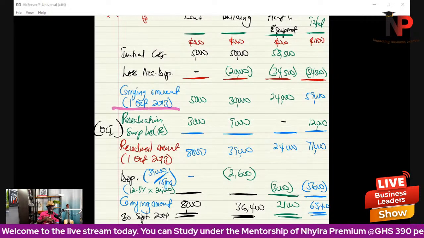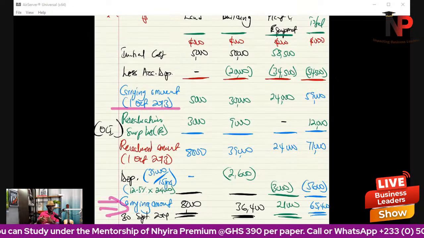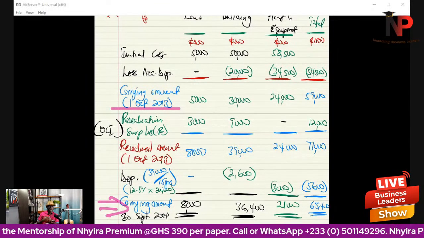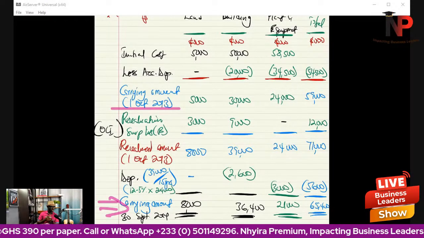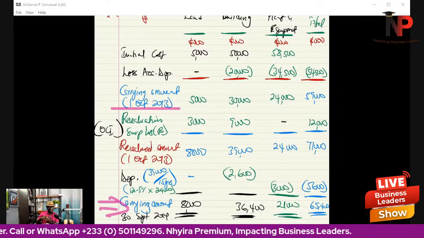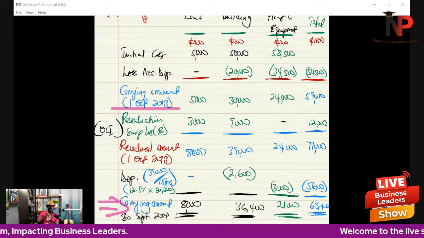And then there is also a carrying amount at the end of the year. Our requirement is to determine the carrying amount at the end of the year, which is 30th September 2014. And so that is what we are looking at. But then because revaluation occurred at the beginning of the year, that's why we are also having a revaluation surplus situation coming in there.